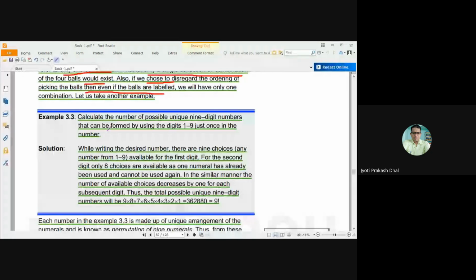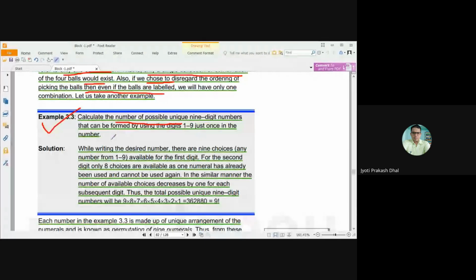Now coming to example 3.3: calculate the number of possible unique 9-digit numbers that can be formed by using the digits 1 to 9 just once in the number.